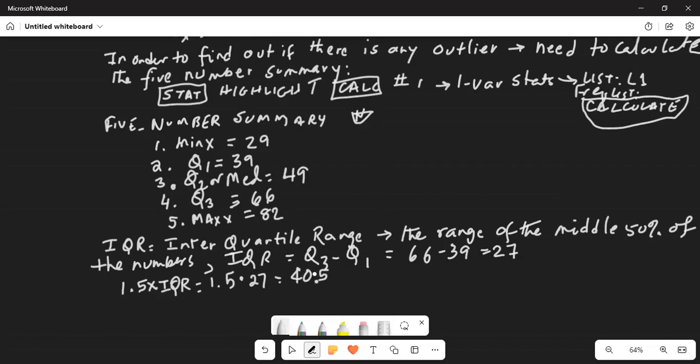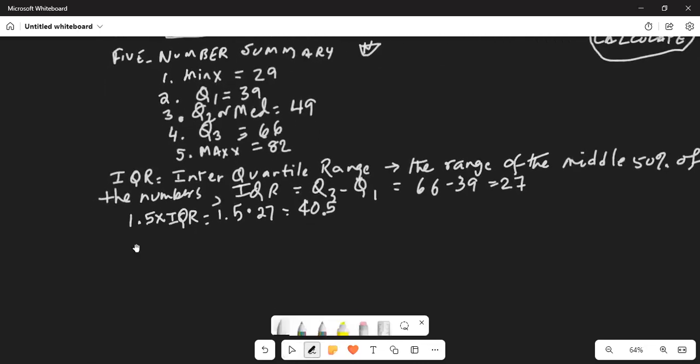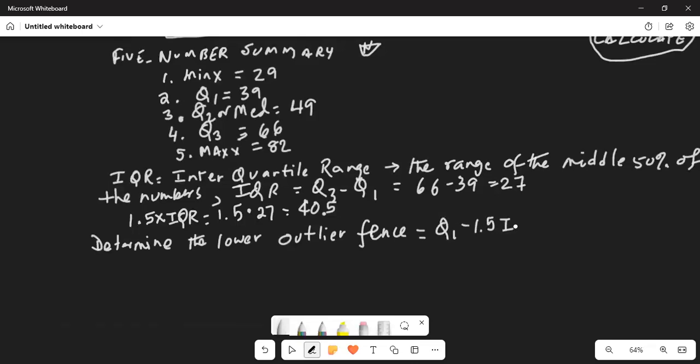Why do we need to calculate this? Because we calculate the lower and upper outlier fences. Determine the lower outlier fence, which is Q1 minus 1.5 IQR.